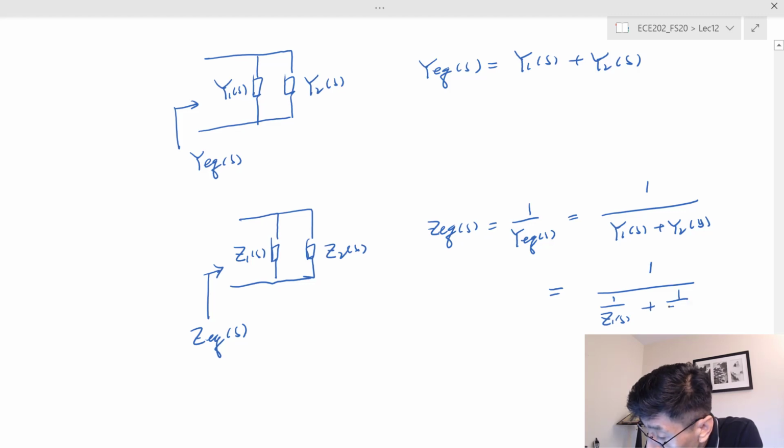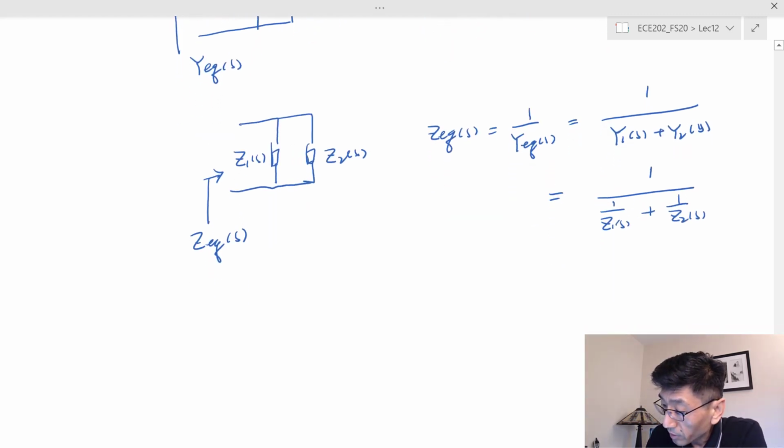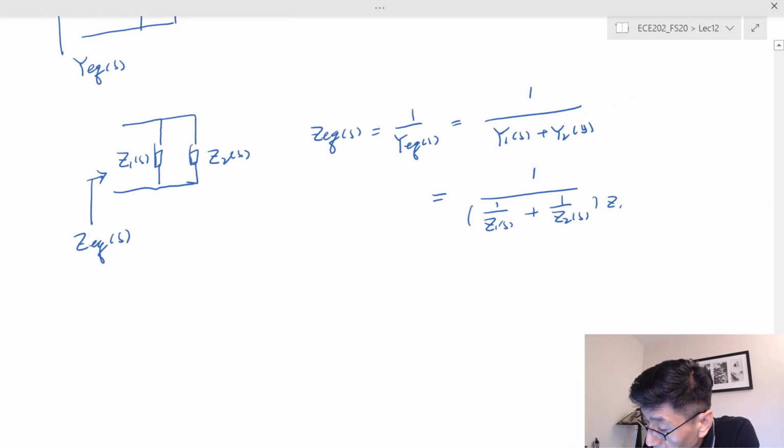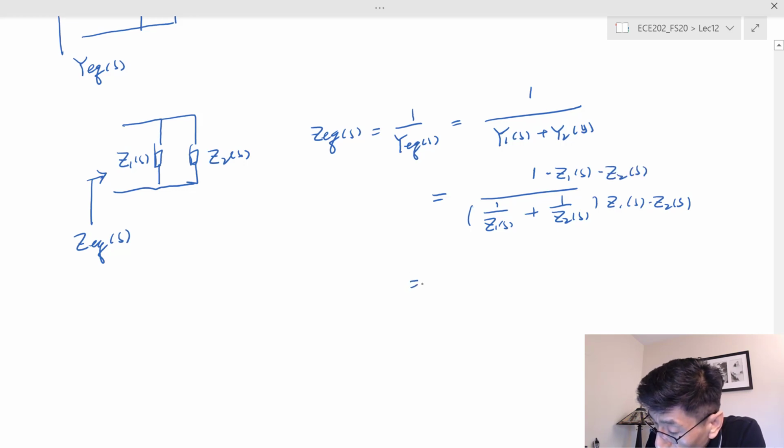And plus 1 over z2. So if you multiply the denominator by z1 and z2, and also multiply the numerator by z1 and z2, what do you get? On the numerator you get z1 times z2, right? On the denominator, this z1 cancels, you get z2 for the first term, and for the second term z2 cancels, you get z1. So I get z1 plus z2, or z2 plus z1.